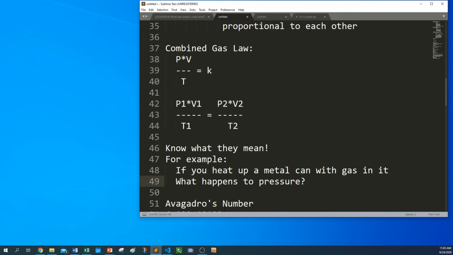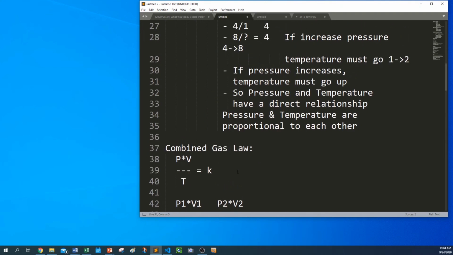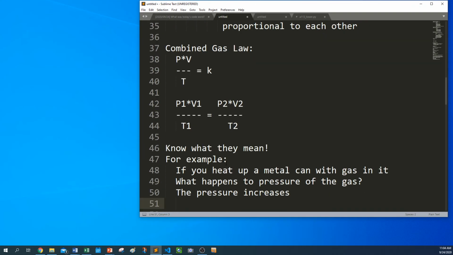If you heat up a metal can with gas in it, what happens to the pressure of the gas? It increases, so the pressure increases. So this is pressure and temperature. So pressure and temperature is Gay-Lussac's.